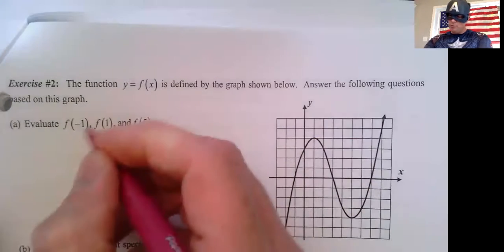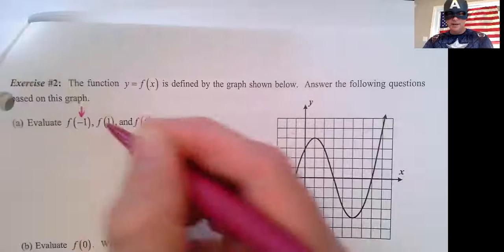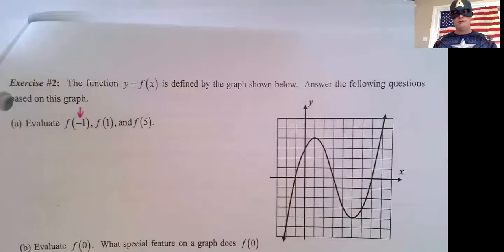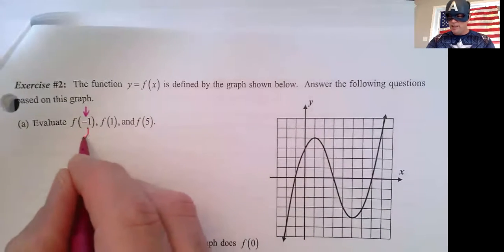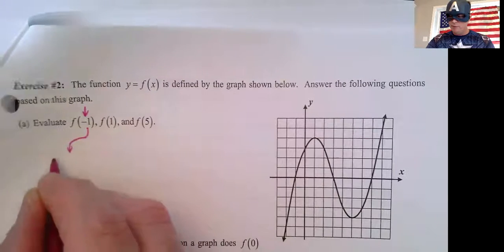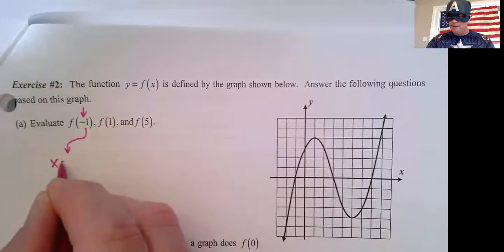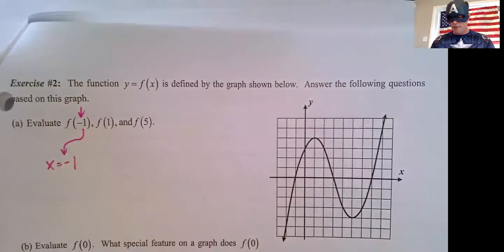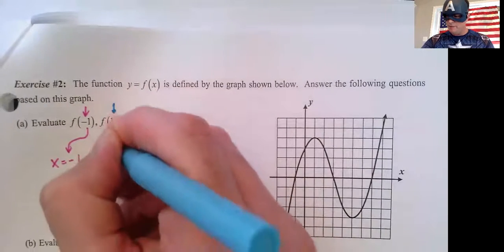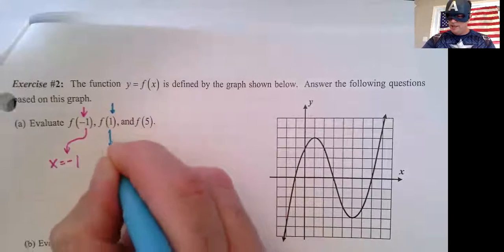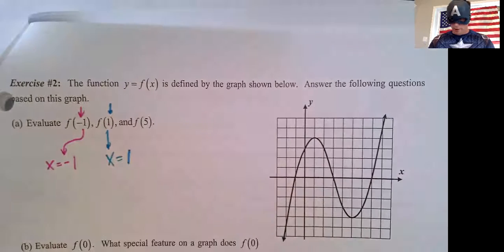What we have to recognize is that inside each of these is the input value we're starting with. If we're looking for f of -1, that tells us automatically that our input value, or our x value, is equal to -1. For f of 1, that means that x is equal to 1.